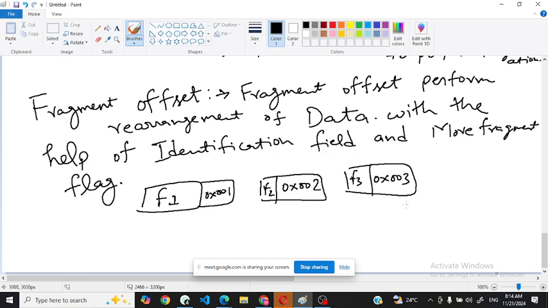Suppose F3 reaches the destination first and it has the more fragment field 0.